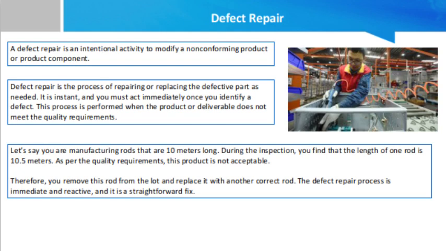Defect repairs are implemented when the product or deliverable does not meet the documented quality requirement. A defect is any non-conformance in the work product to the stated needs and specification. A defect can be a fault, inconsistency, or imperfection that affects the function of a deliverable, a component, or the whole system.